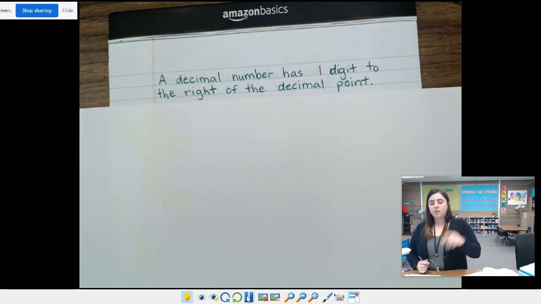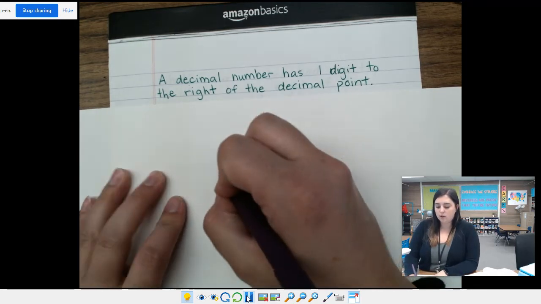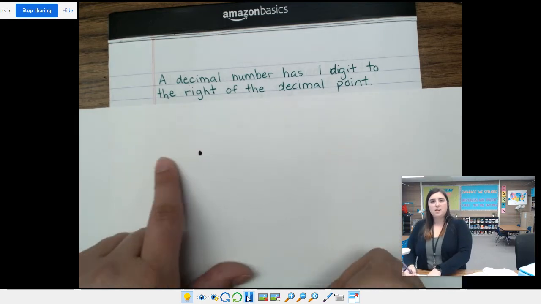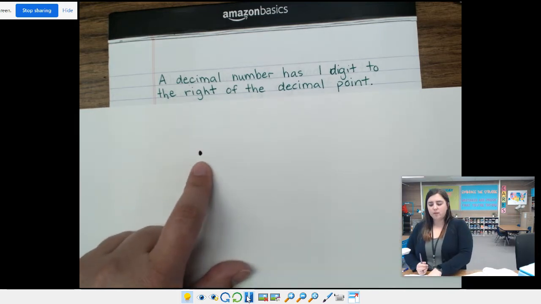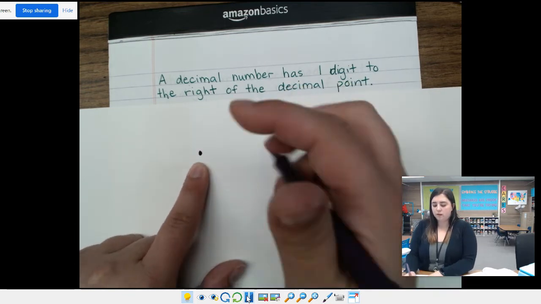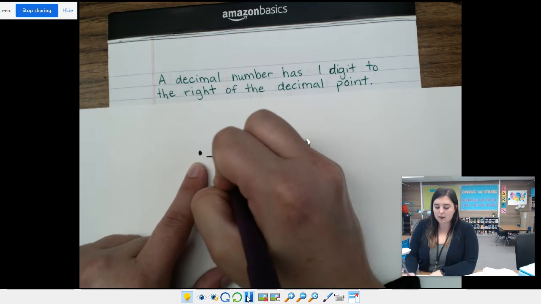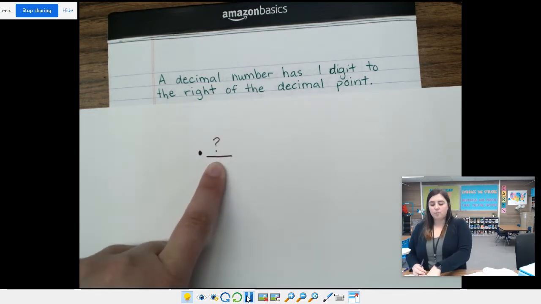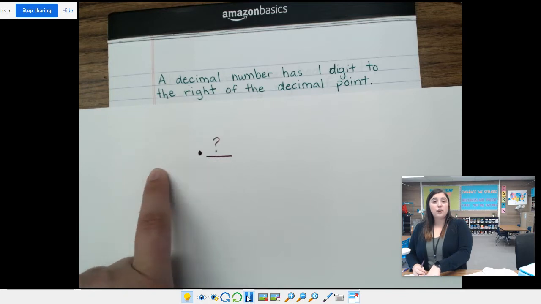So a decimal number, let's write this on our whiteboard. So I have a decimal. There's some numbers, I'm not sure what they are, has one digit to the right of the decimal point. So I have some number here. I'm not sure which number. I could also have some numbers over here.